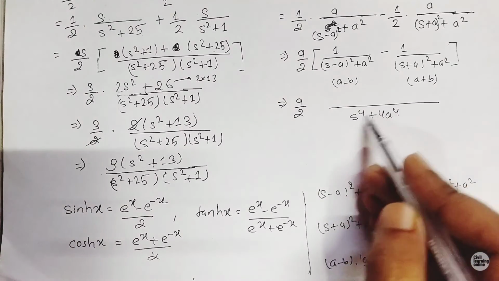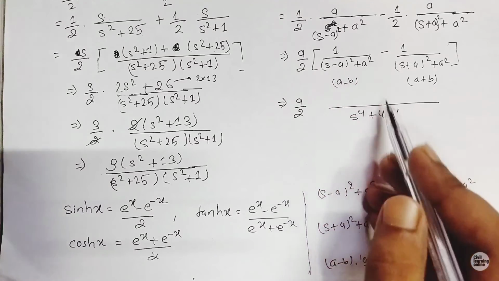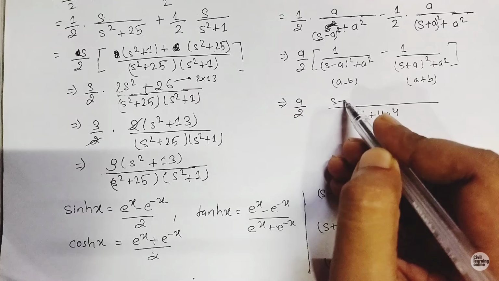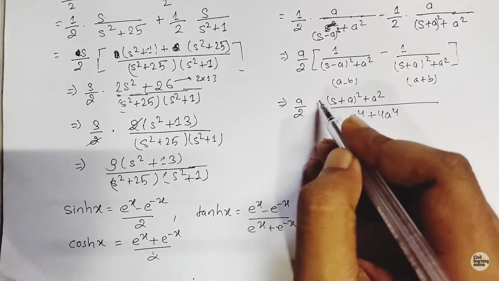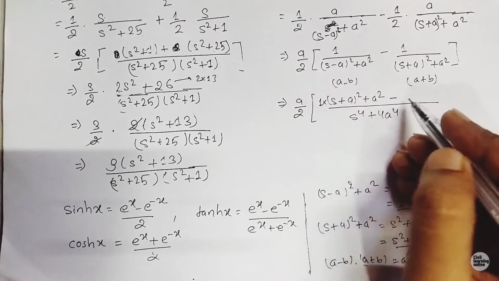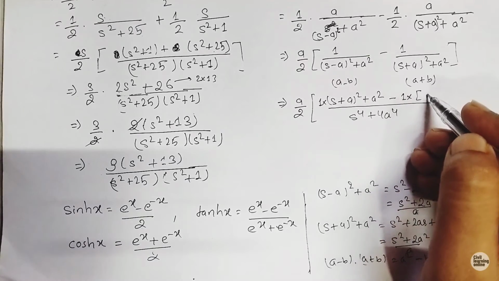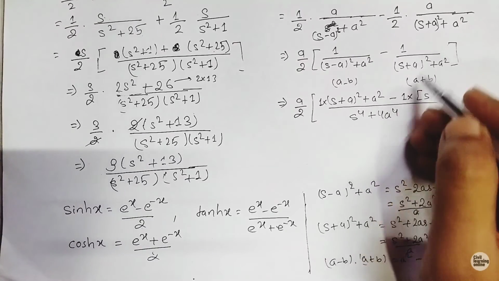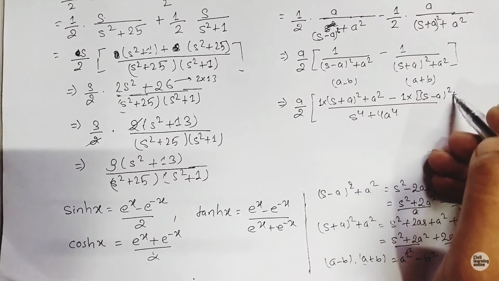So on dividing this term by (s minus a) square plus a square, we will get here (s plus a) square plus a square, 1 times this numerator is 1 here, minus this 1 times (s minus a) square plus a square.